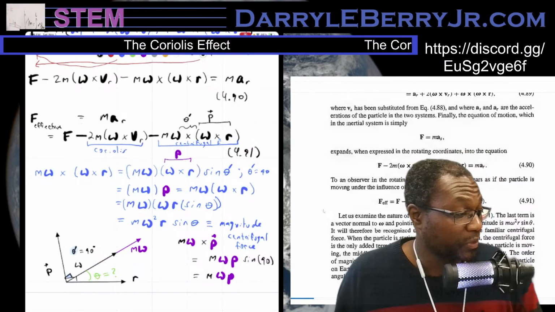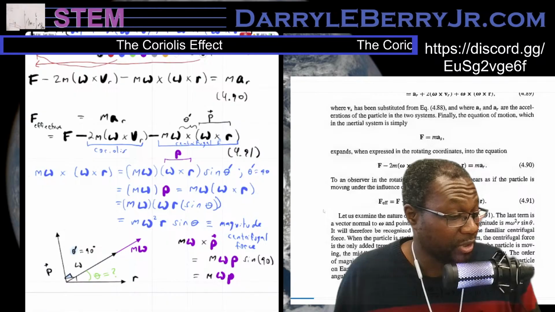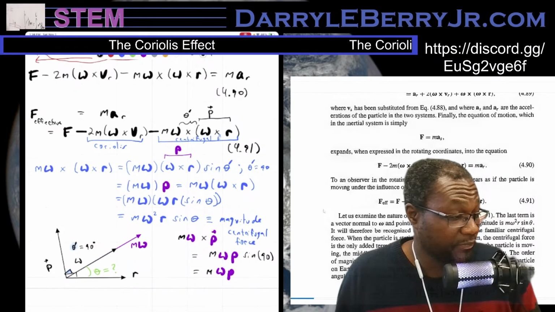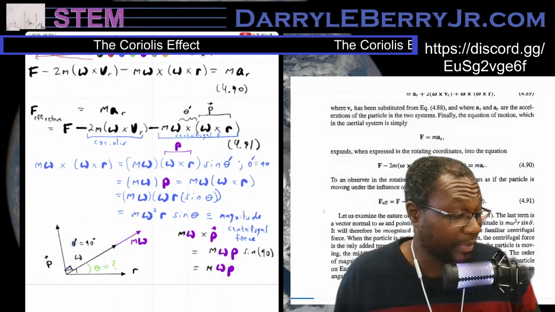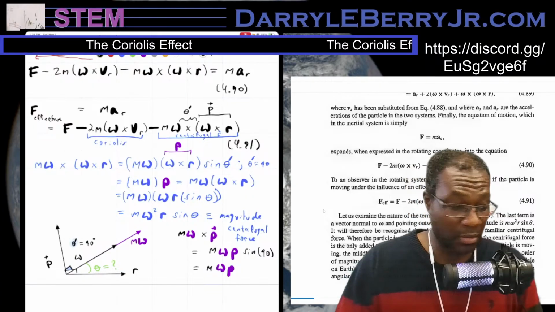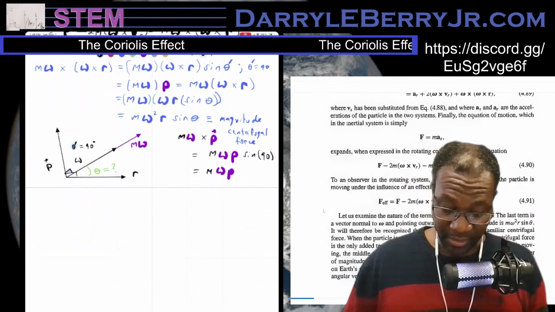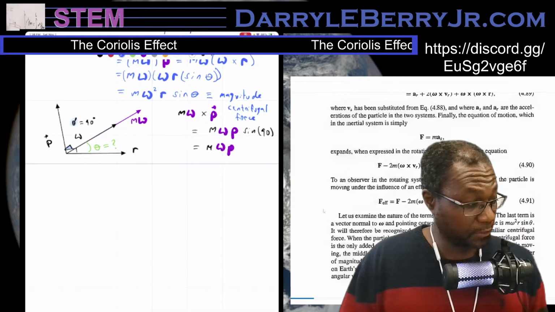The order of magnitude of both of these quantities may easily be calculated for a particle on Earth's surface. Earth rotates counterclockwise about the North Pole with an angular velocity relative to the fixed stars. Right, so now we're getting into some interesting stuff.